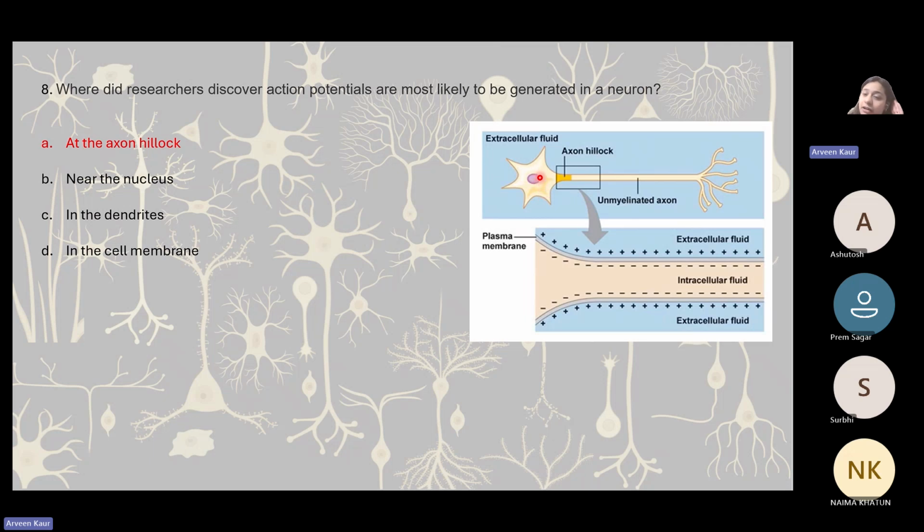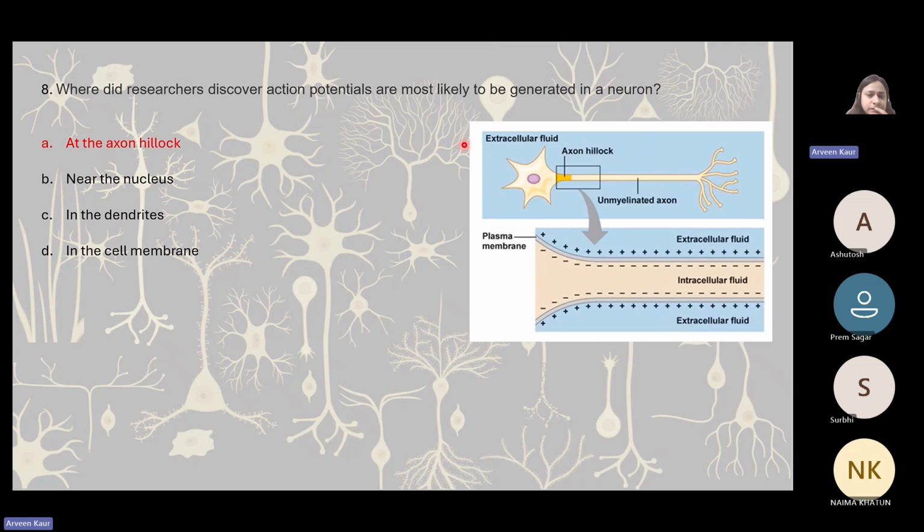When I discussed this, I also told you why generally the potentials are generated here. It is because of two reasons. One is that there is a high density of these channels over here, so sodium potassium channels, right? So the exchange can occur in bulk amount so that it can cross that threshold.